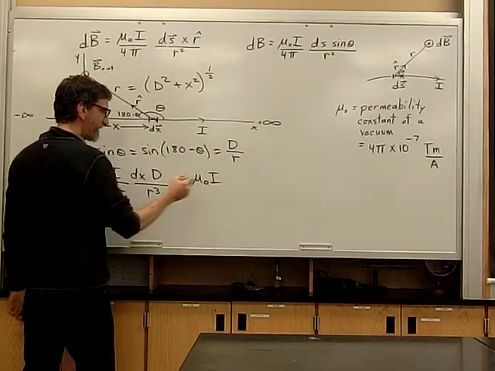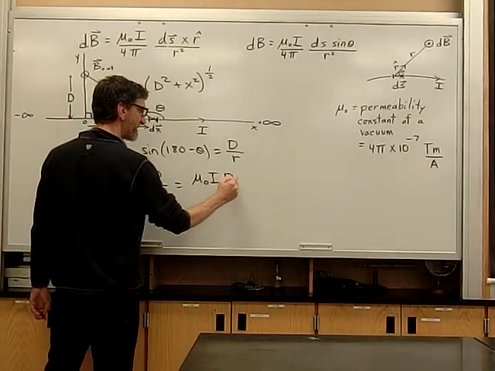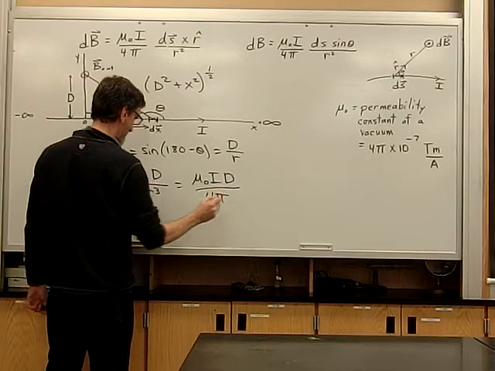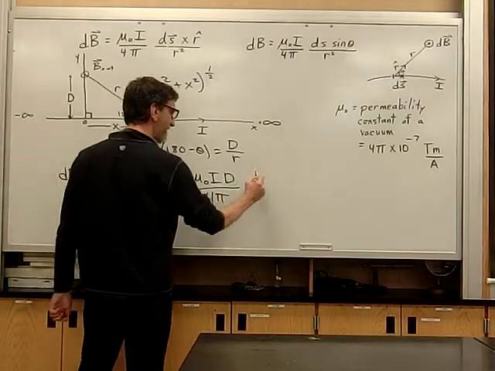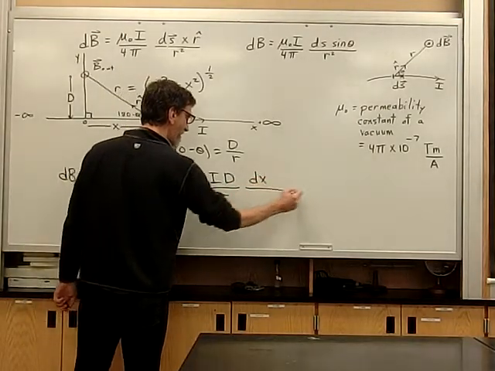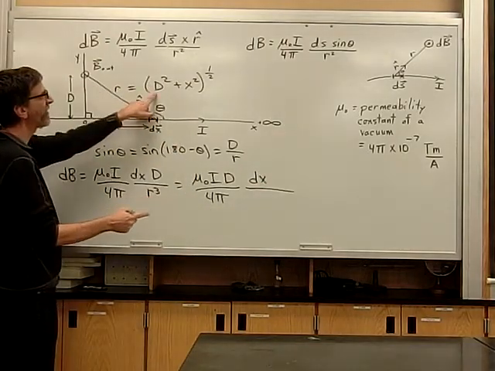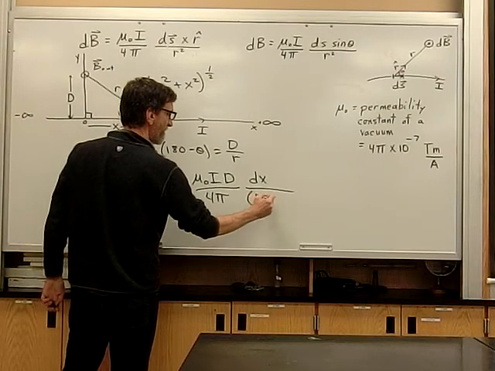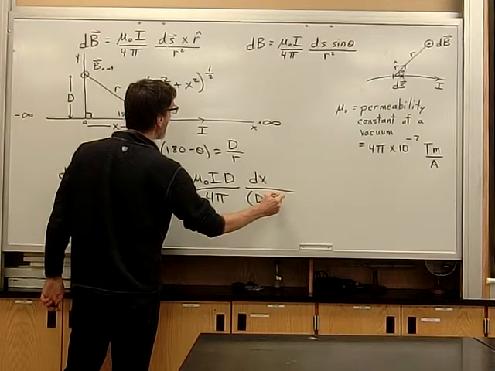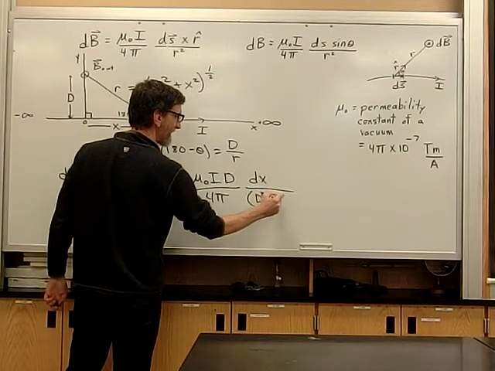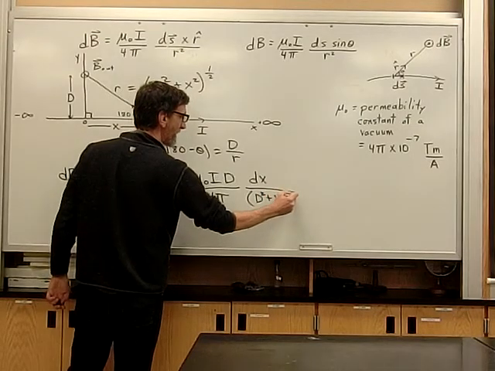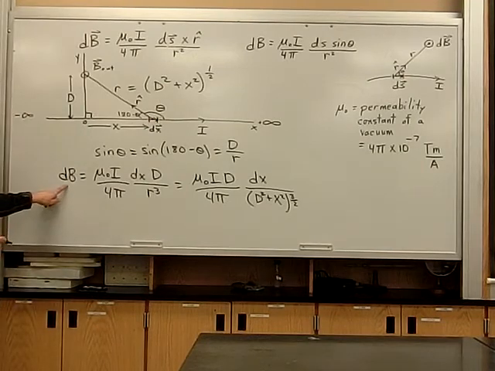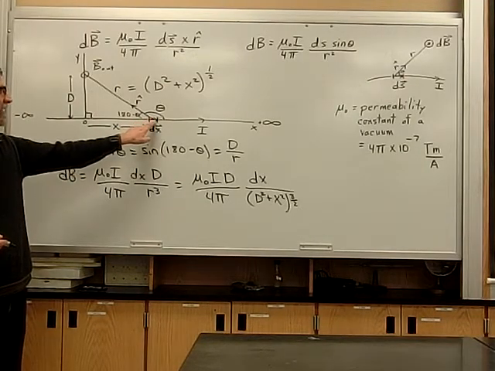I could pull the d out with the other constants, the big D. And I have a dx on the top and an r cubed on the bottom. But r cubed is this quantity cubed. So that's d squared plus x squared to the 3/2 power. So this is the equation for the magnetic field just due to this little tiny piece.